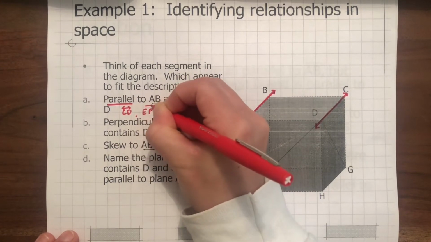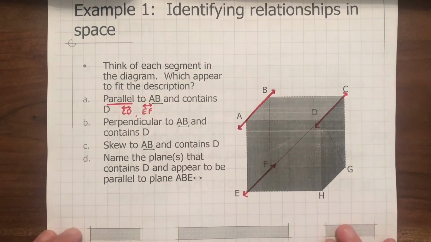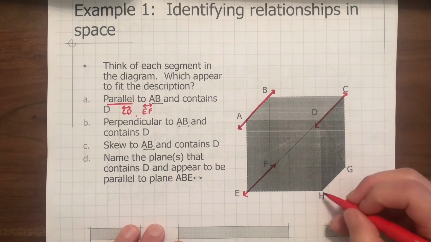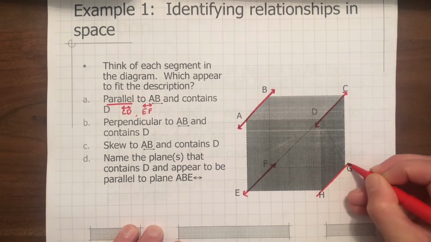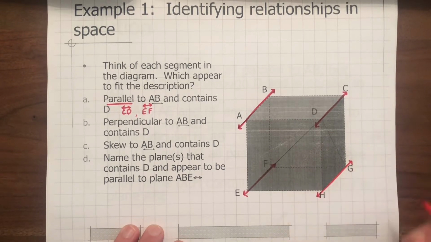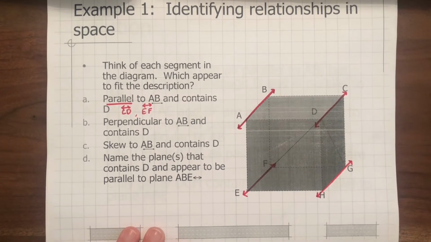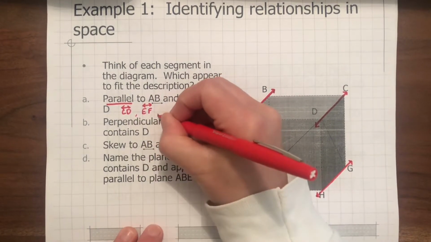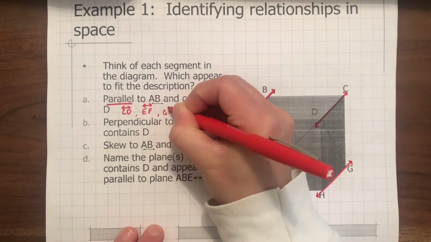So I can write EH. And then the last that's parallel is going to be GH. And we know that they're parallel because this makes a perfect cube. So they're perfectly parallel, and the last one would be GH.